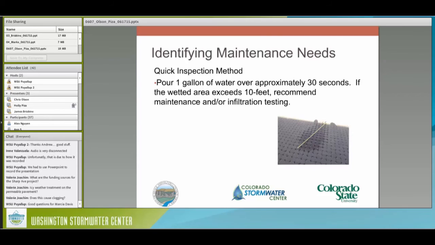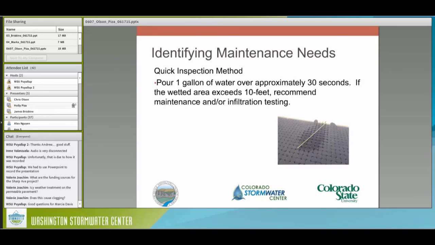You can't get a sense of infiltration from just looking at it. And you're not going to get a number from pouring water on it, but pouring water on it gives you an indication of how quickly it's infiltrating.